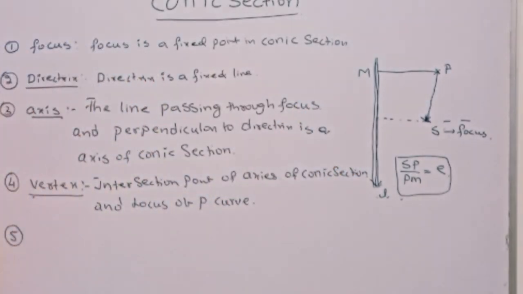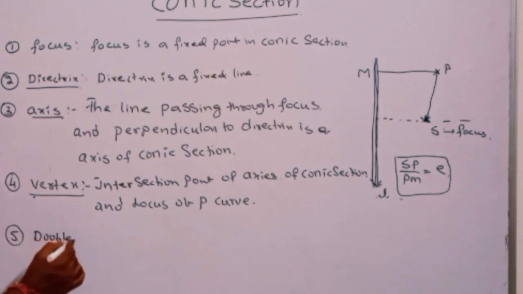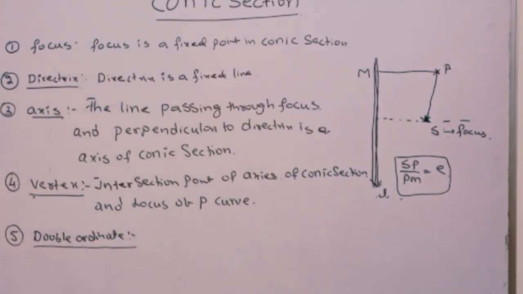Axis completed, vertex completed. Next, that is double ordinate.